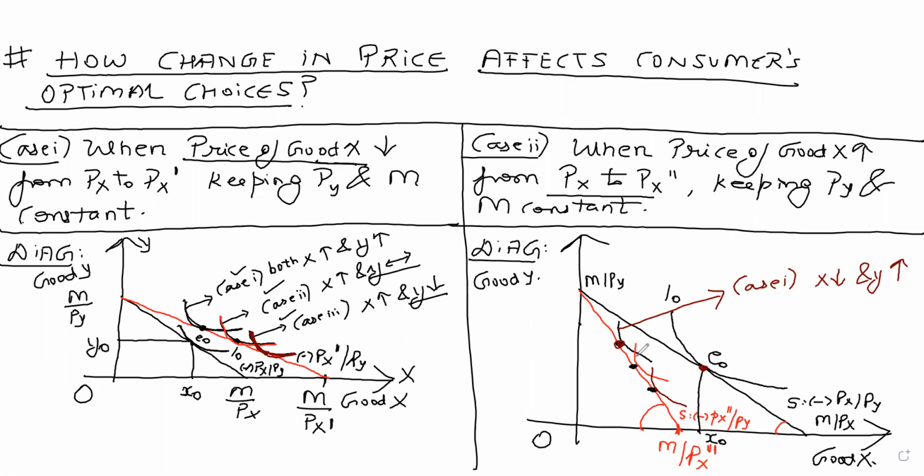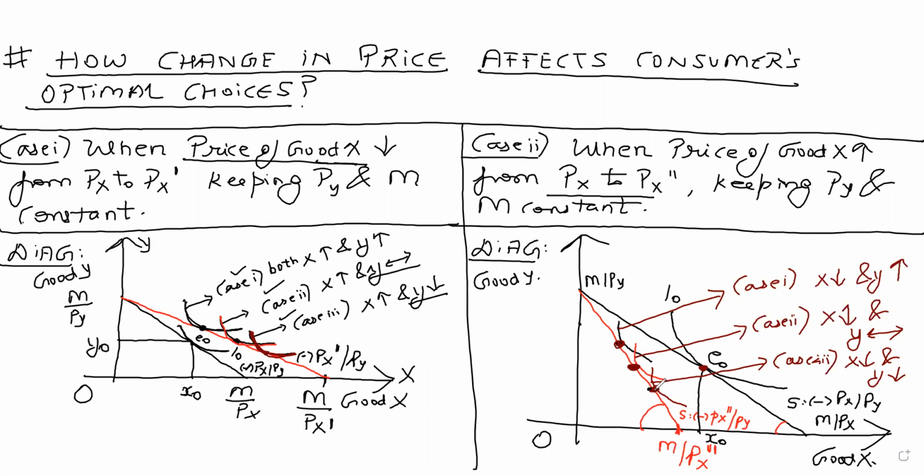The red indifference curve corresponds to case 2, when good X is falling, but good Y is constant. If you compare this equilibrium with this equilibrium, good Y is constant but good X is falling. And this is the third case, case 3, where good X is falling and good Y is also falling. When you compare E0 with this case, you can see both are falling.